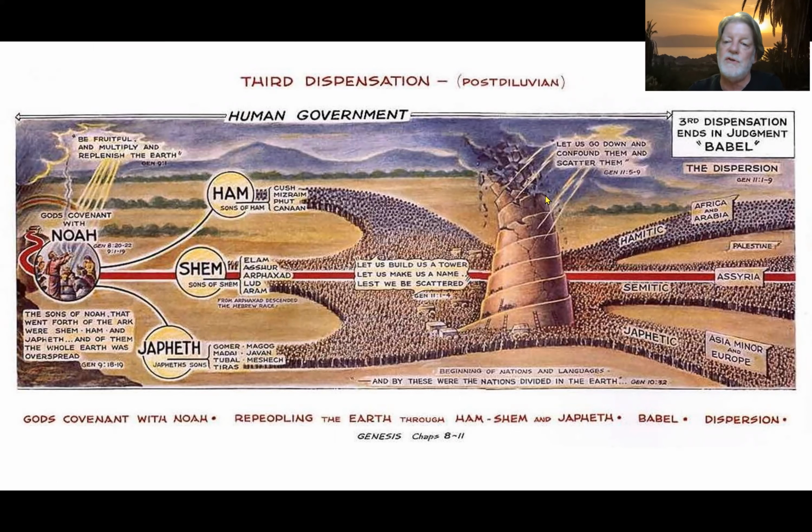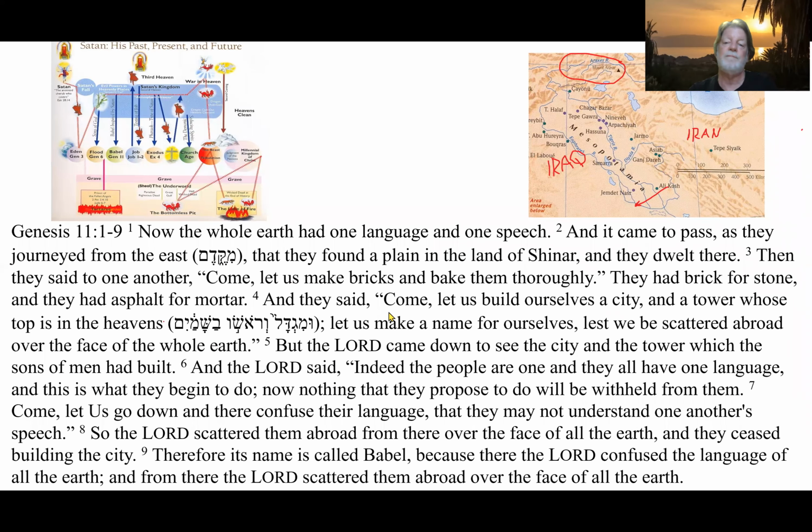And then God judges the Tower of Babel and the efforts at global government, and they scatter once again: the Hamites to Africa and Arabia, the Semites to Assyria and Saudi Arabia, then the Japhethites to Asia Minor and Europe, as God intended in the first place.